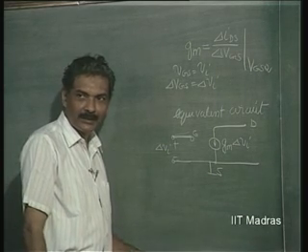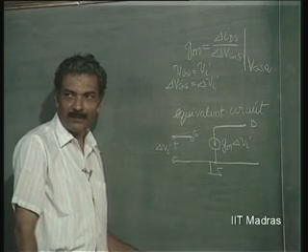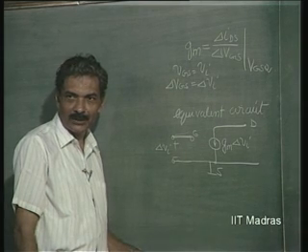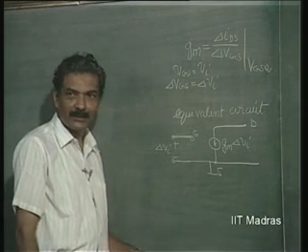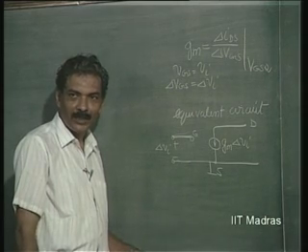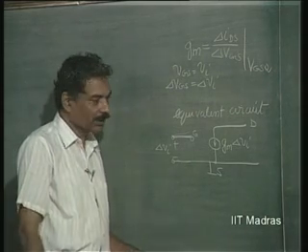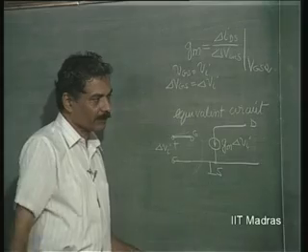But in practice it is not infinity, it is of the order of few kilo ohms, whereas in the case of field effect transistor it is of the order of tens of mega ohms. So, you can keep it as open circuit.